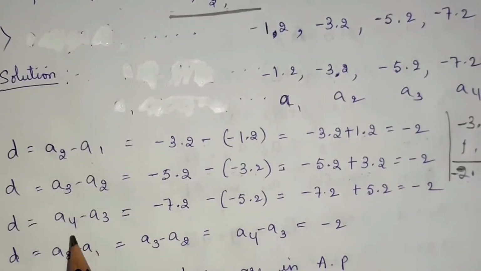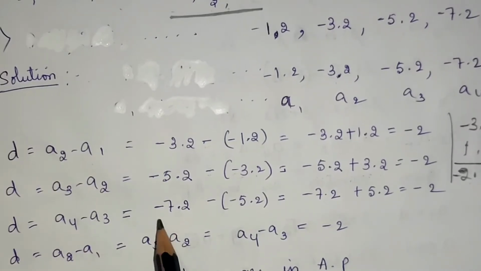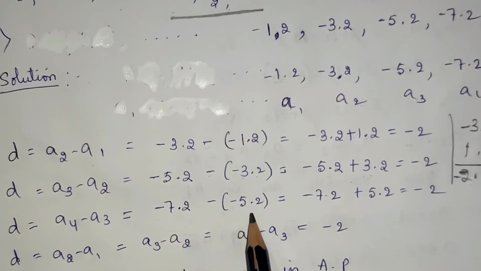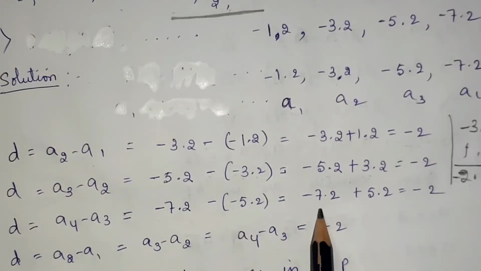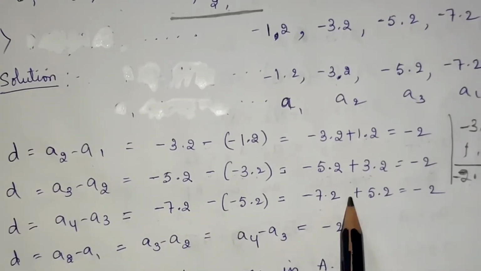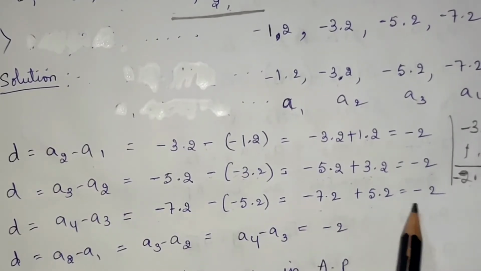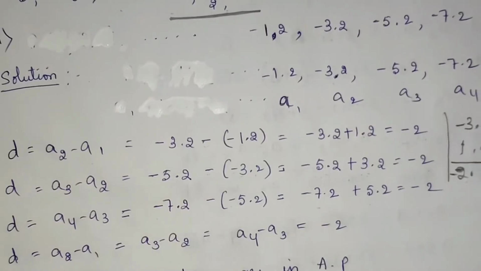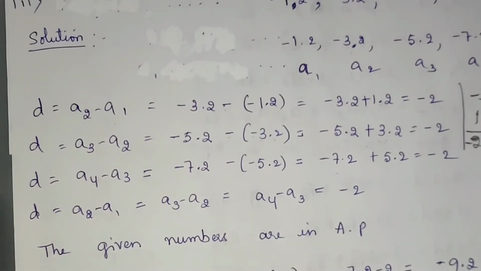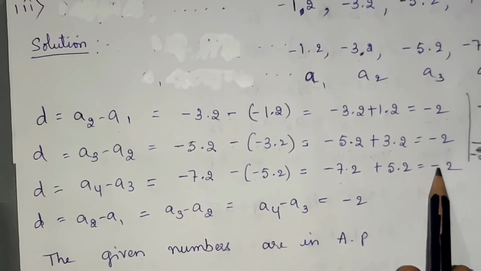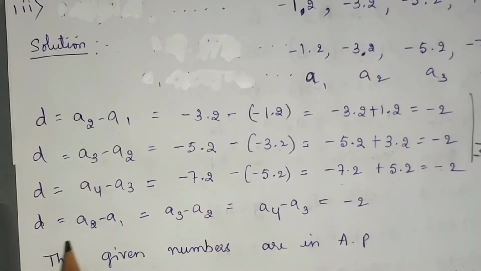Again if you subtract fourth term minus third term, that is minus 7.2 minus 5.2. Here minus 7.2 as it is, minus into minus is plus 5.2 as it is. If you subtract, you will get minus 2 again. Hence, by observing all three common differences, it is found to be same, that is minus 2.